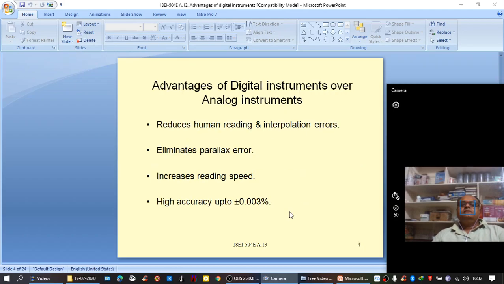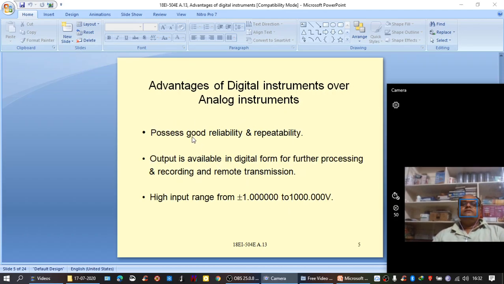Then they possess good reliability and repeatability. What is reliability? We can rely on the value that is measured. That is called reliability. Because the accuracy is very high, automatically the digital measuring instruments are more reliable.